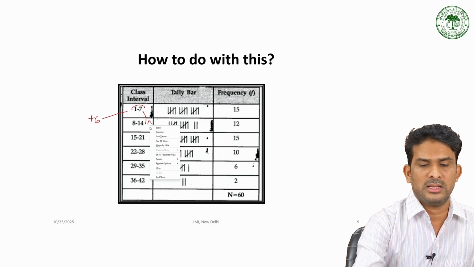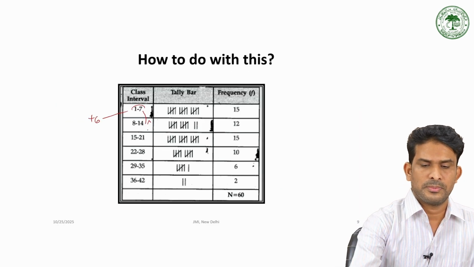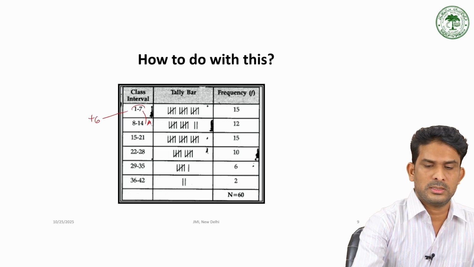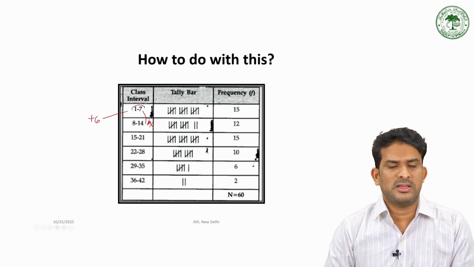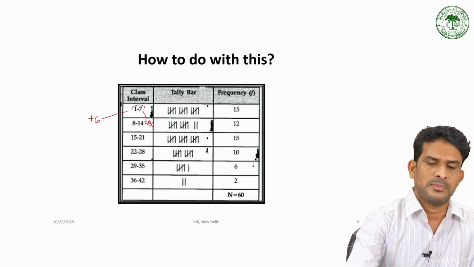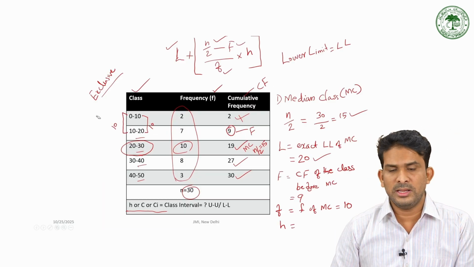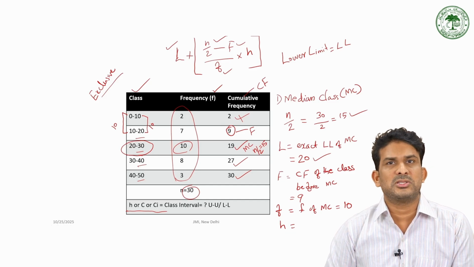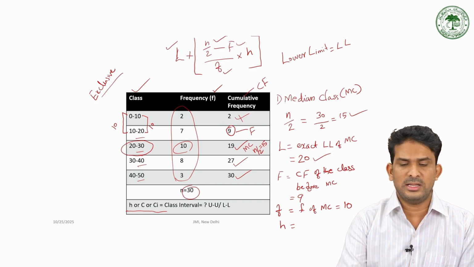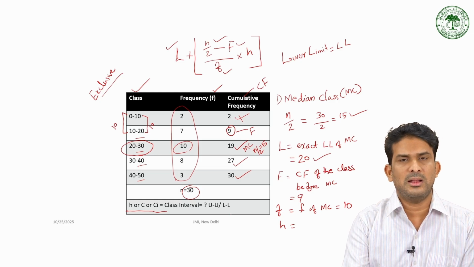So it is the difference between any two adjacent upper limits or lower limits, that is u1 minus u2 or L1 minus L2.